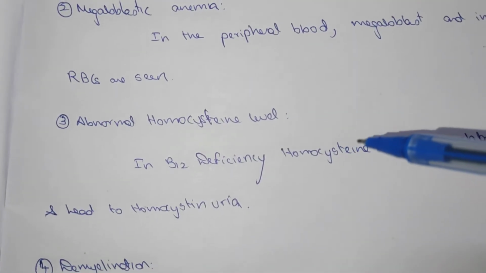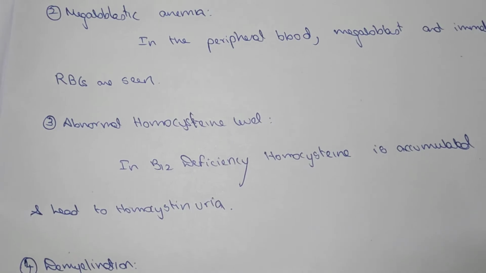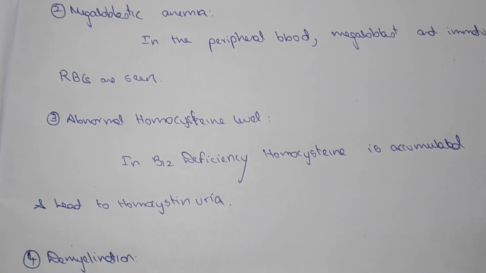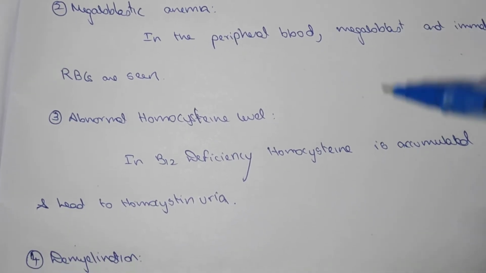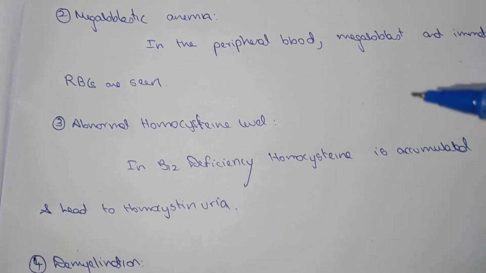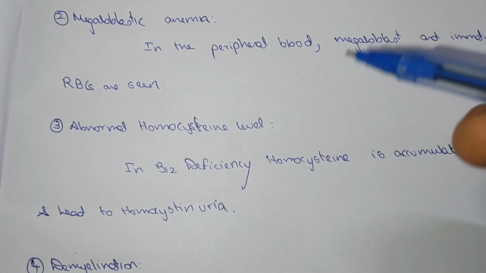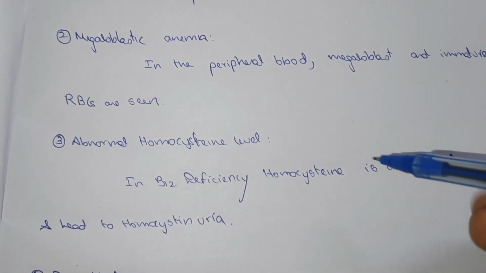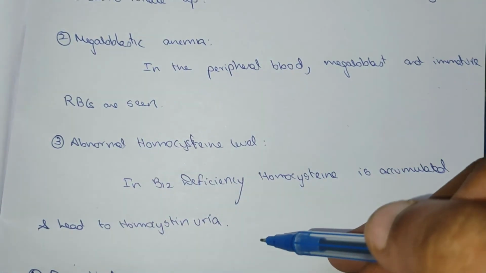Abnormal homocysteine level. Homocysteine converts into methionine with the help of vitamin B12, so when there is a deficiency of vitamin B12, the homocysteine level increases, accumulates and leads to homocysteinuria.